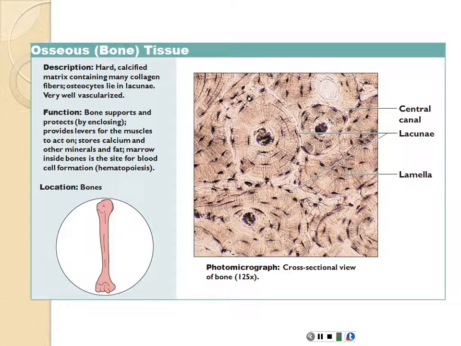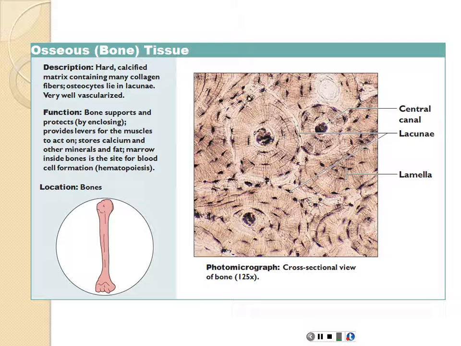If you compare two connective tissues, bone to blood, how are they different? How is bone different from blood? Just off the top of your head. Right, bone is solid, blood is liquid.